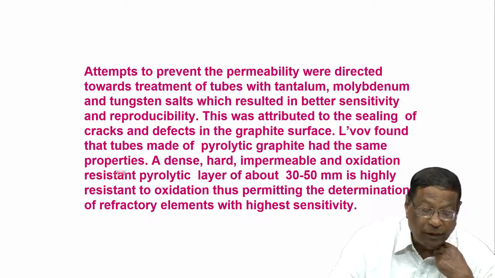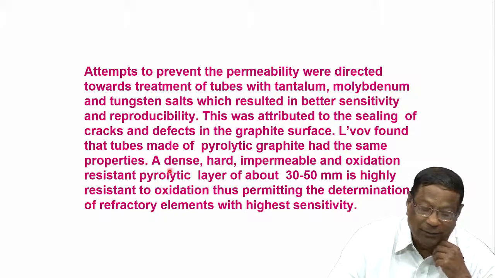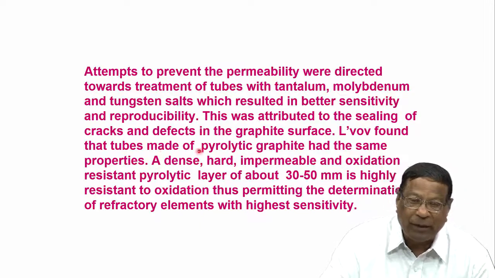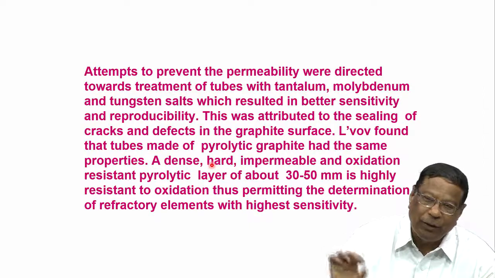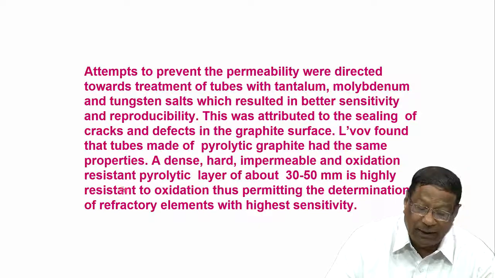L'vov found that tubes made of pyrolytic graphite had the same properties. This is L'vov's contribution to electrothermal atomic absorption. He coated the graphite tube with a dense, hard, impermeable, oxidation resistant pyrolytic layer of carbon of about 30 to 50 micrometers.